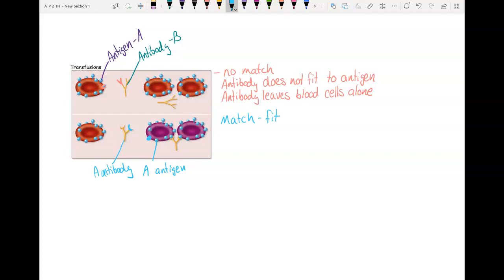And notice that an antibody has two binding sites here. So it will bind to two red blood cells. So one antibody binds to two red blood cells.